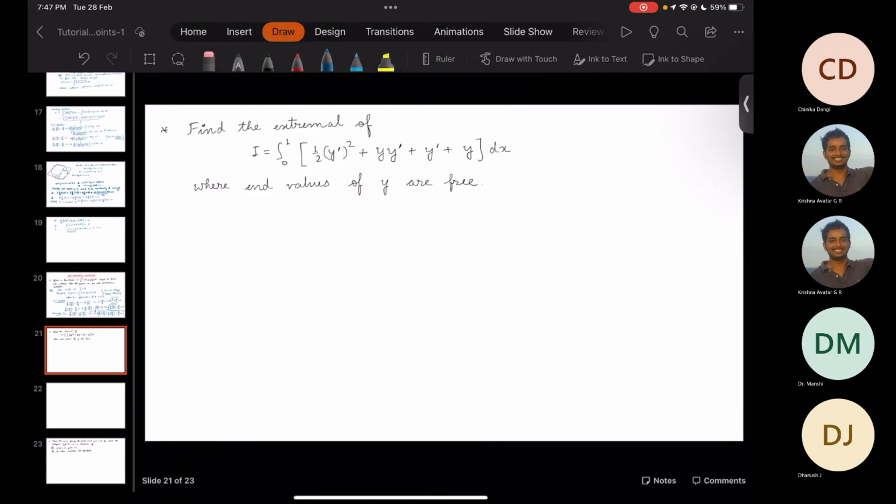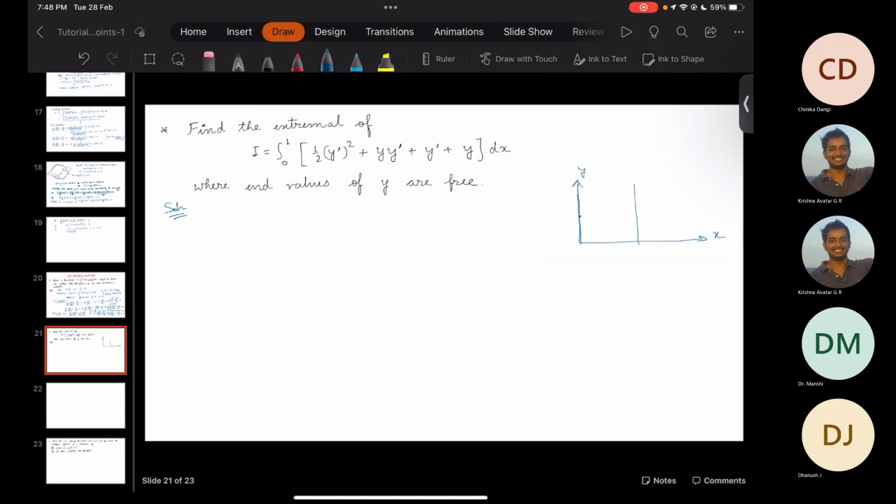So the second problem asks us to find the extremal of the functional I where the endpoints of y are free. But the domain is fixed. So let me draw a schematic of the problem. Draw the Cartesian coordinate system. This is the x is equal to 0 line, and this is the x is equal to 1 line.